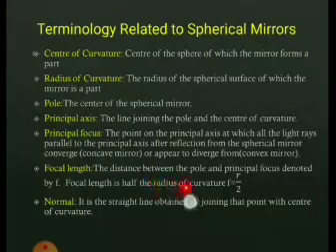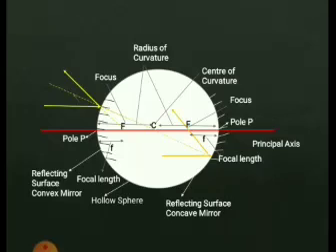One important thing which I did not tell: focal length is half of the radius of curvature. What do I mean by this? If I consider the distance between pole and center of curvature as r, then the focal length f is always r by 2, here as well as over here.